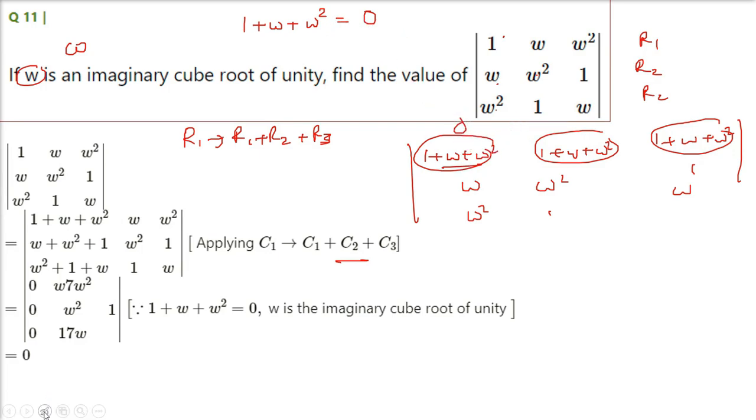So we have the whole first row as 0. And as we discussed earlier, if a whole row or whole column is 0, the determinant is going to be 0.